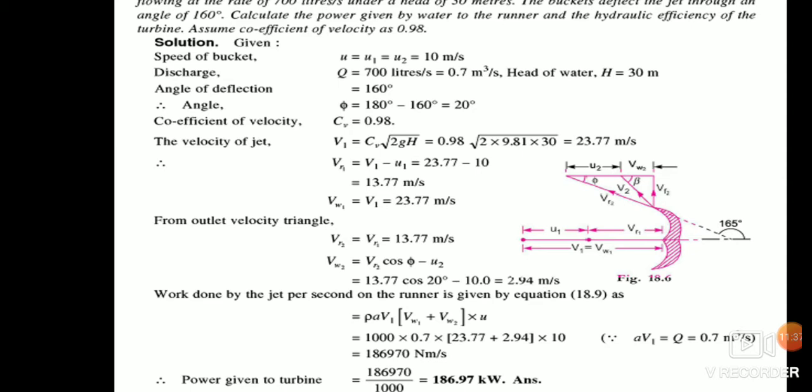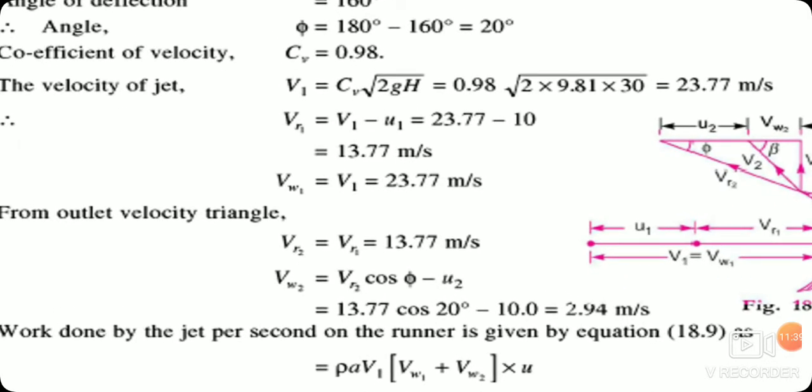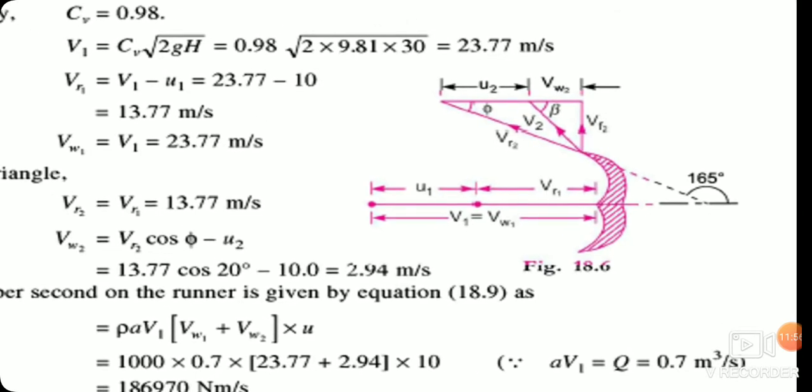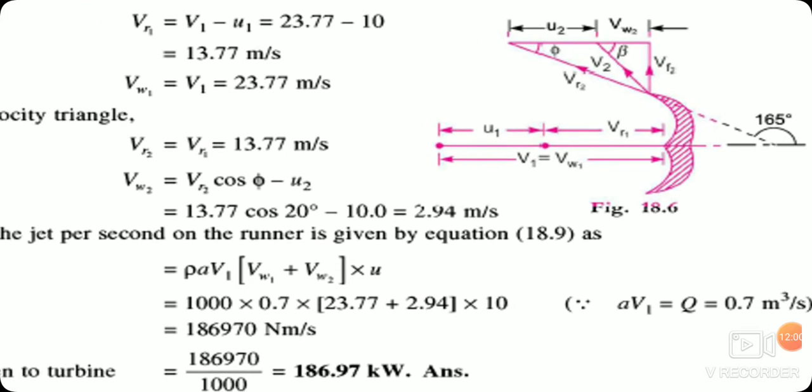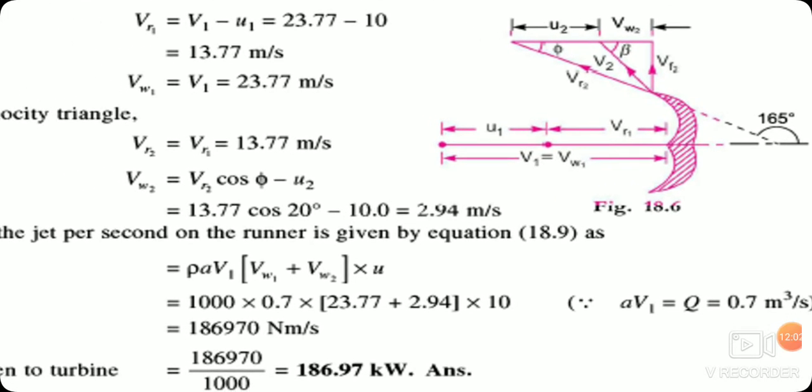So we already know that the velocity of the jet, V1, is equal to Cv into square root of 2gH. We put all the values we know: Cv 0.98, g 9.81, then H 30. So this will come as 23.77 meter per second. As we know from the velocity triangle, V1 is equal to Vw1, therefore V1 is equal to Vw1 is equal to 23.77.